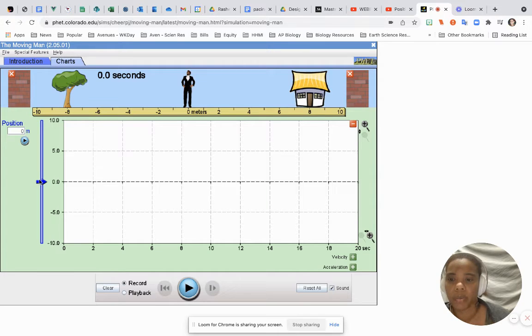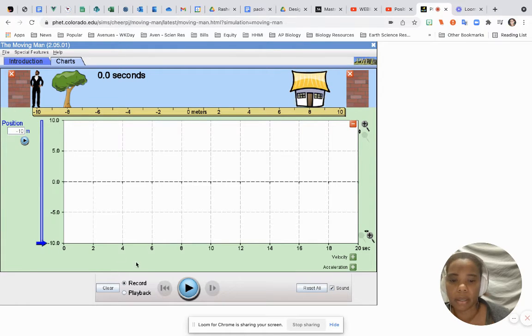So right now he's at time 0. Let's see if I move him. I can move him from one position, and I can move him to any other position.